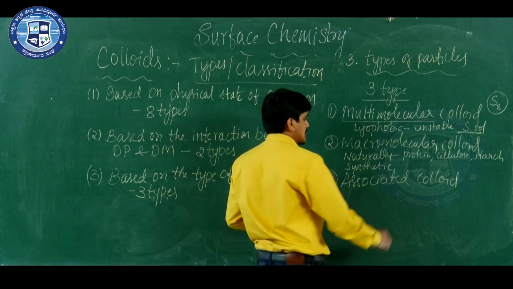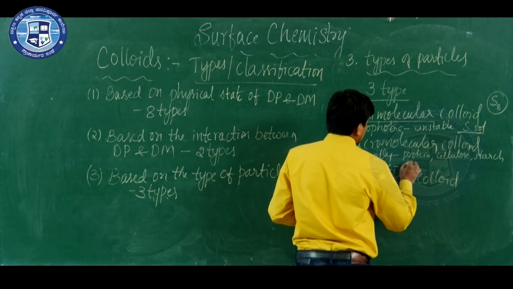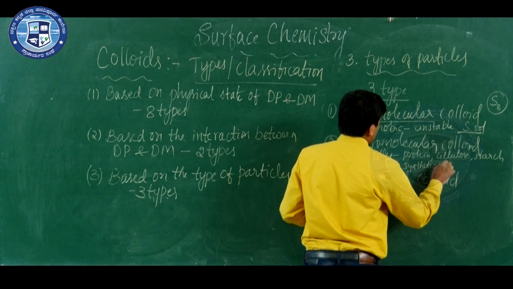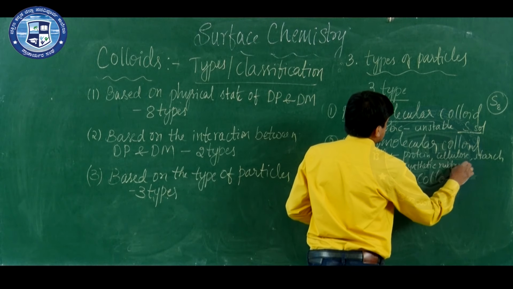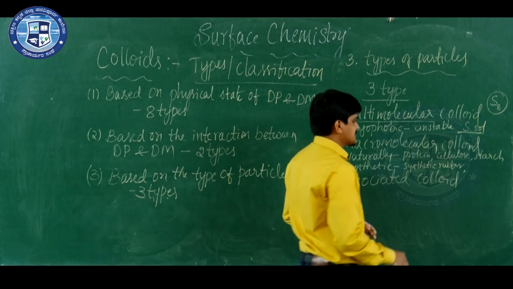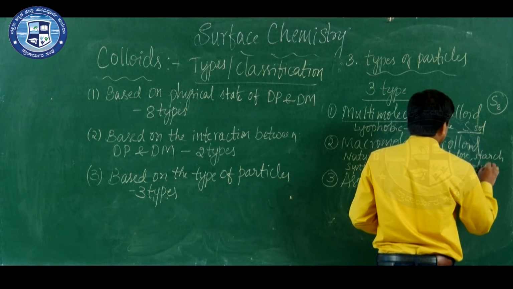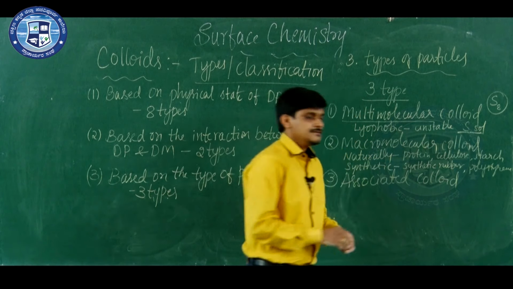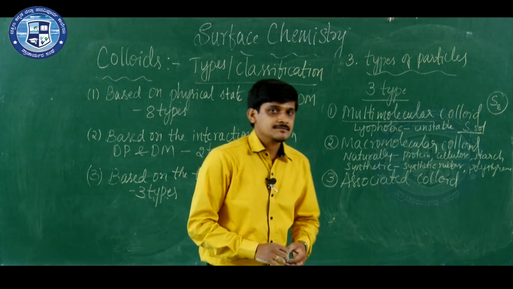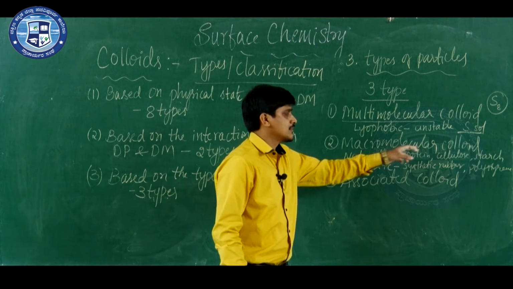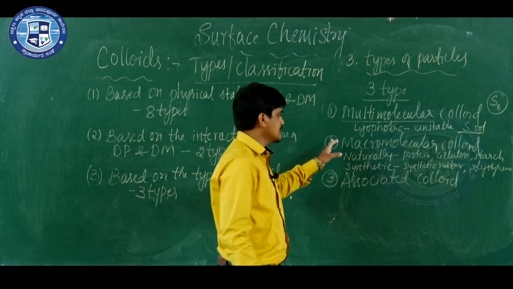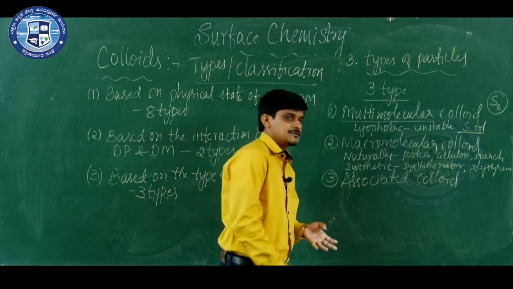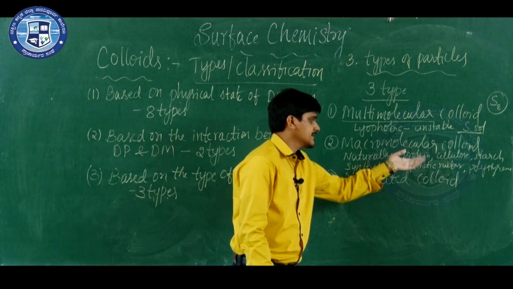Synthetic macromolecular colloids are synthetic rubber, polystyrene, etc. So, there are synthetic and naturally occurring macromolecular colloids, with these examples.